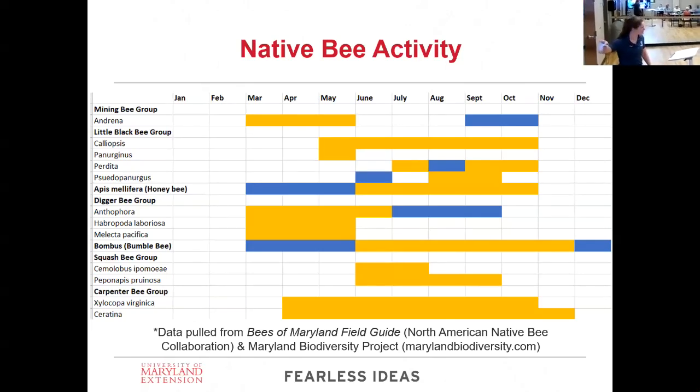So this is a chart I actually made. It's longer than this, because there are more bees than this, but this is the beginning of it. This is information I extrapolated from a couple of different resources to demonstrate when bees are the most active. Blue indicates they're active, but it's less activity or not as important activity. The yellow is when they need provisions the most.